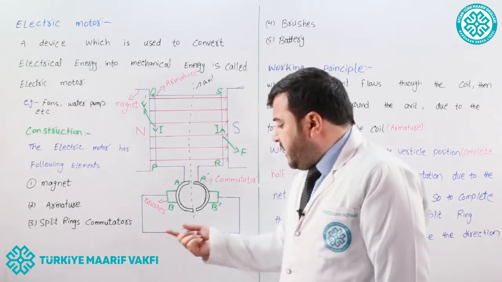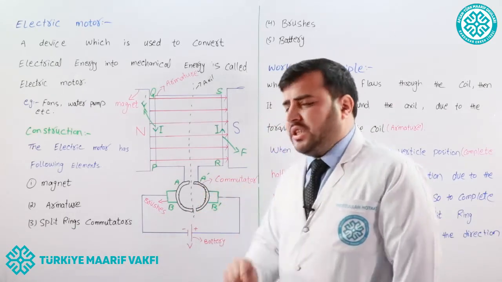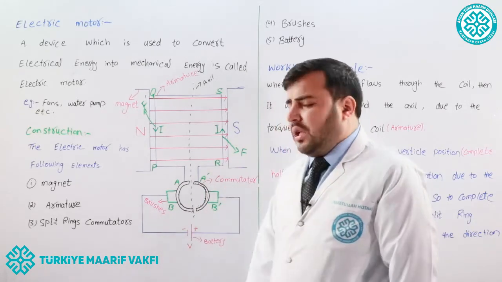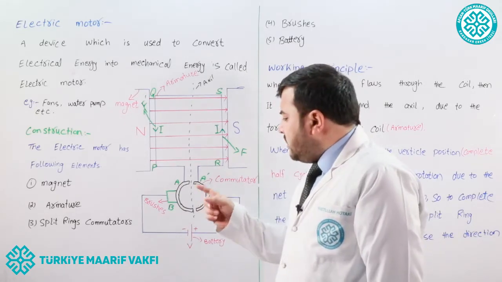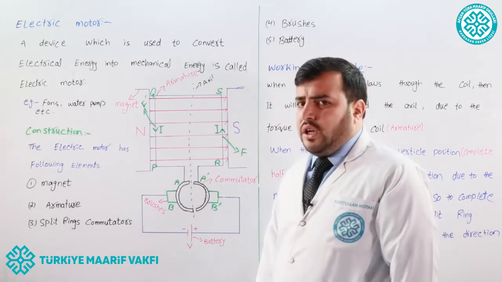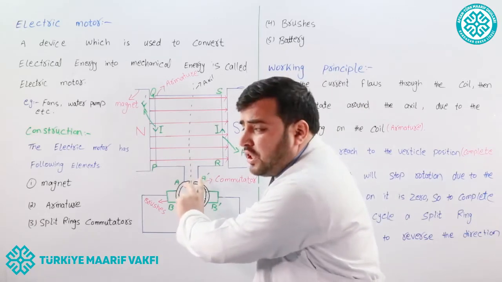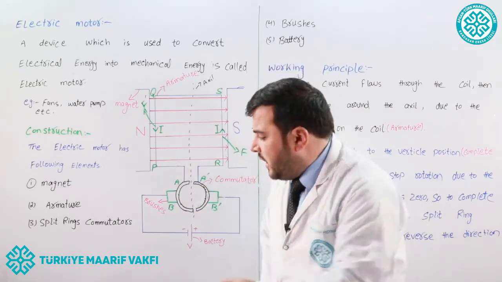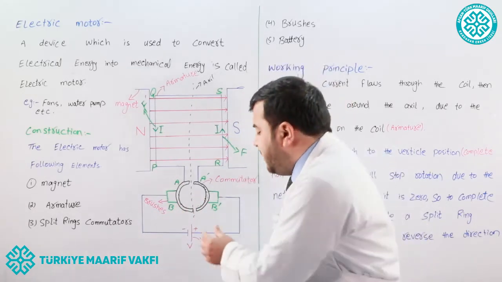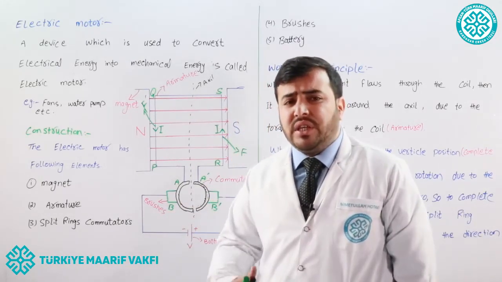At first this A dash side is in contact with the B dash side, and this B dash side is in contact with the positive terminal of the battery. So when the coil rotates, this split ring commutator will also rotate, and these brushes will not move with the commutator, because I told you that these brushes just touch the split ring commutator.